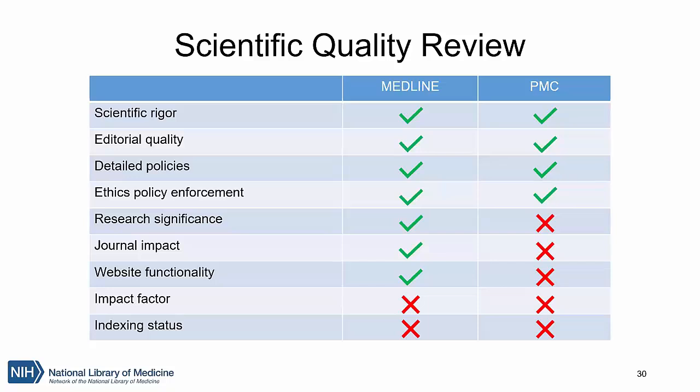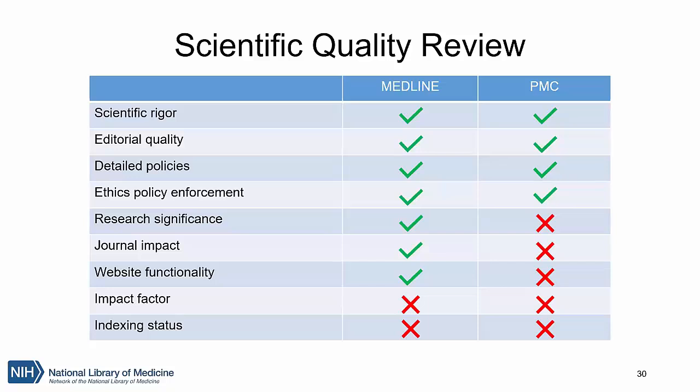Editorial quality is also considered for both databases, and that includes factors like writing clarity and figure or table quality. Additionally, we look for detailed policies and evidence that the ethics policy is being enforced.